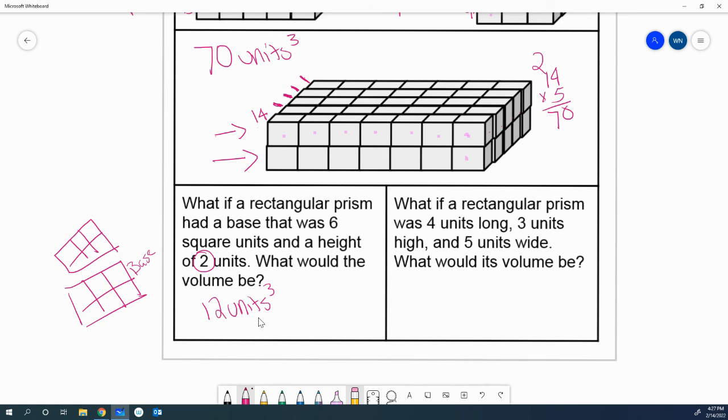Look at this last one. What if a rectangular prism was 4 units long, 3 units high, and 5 units wide? What would its volume be? So, wow, this is going to be a big one.